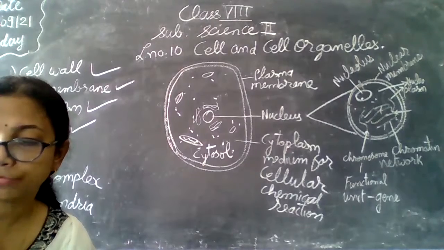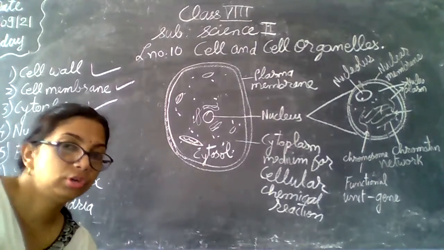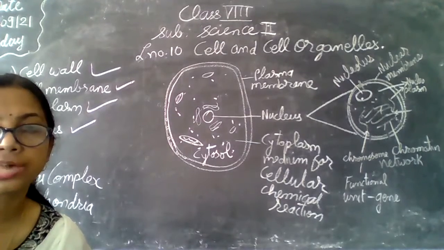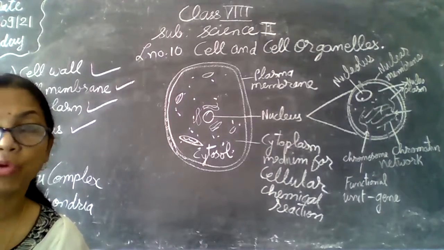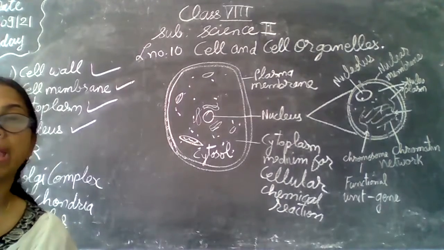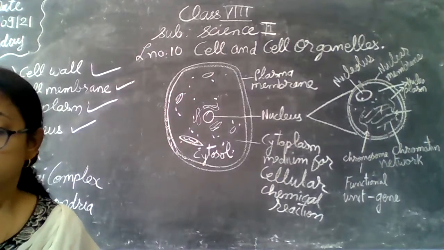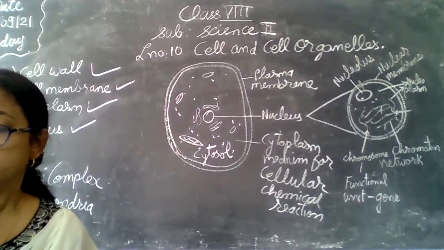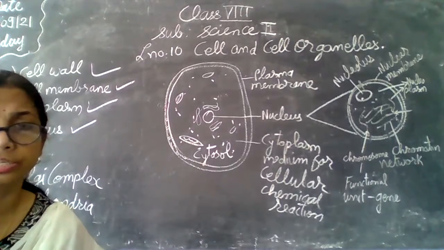Due to the loss of nucleus, the sieve tube of the plant phloem, we remember the xylem and phloem in the plant cell. They help in conduction of food and water. So you see phloem helps in transporting food in the plant cells. The sieve tube is a part of that phloem. They become hollow due to loss of nucleus.